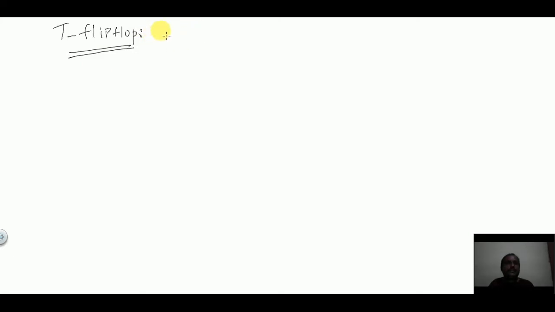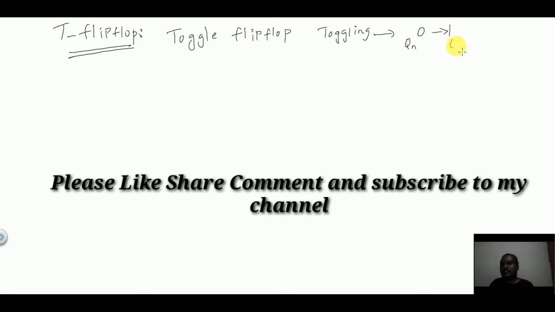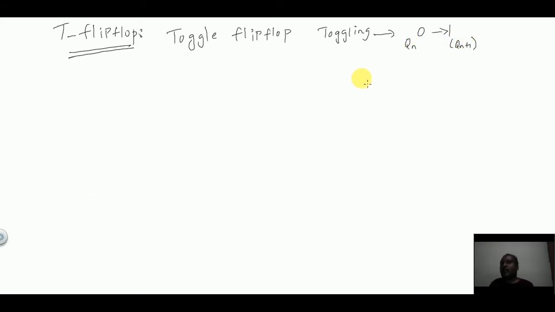So T flip-flop, the name of T flip-flop is toggle flip-flop. So what do you mean by toggling? It is changing the output from 0 to 1. If the present state, that is Qn, is 0, then Qn plus 1 must become 1.